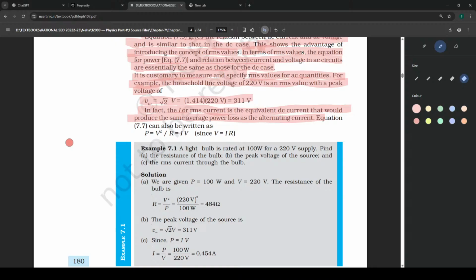The IRMS value will produce the same energy loss, as we know that energy loss depends on I square, and basically it means that it depends on current. So if we calculate the IRMS current value, it will give the same power loss in the DC case and the alternating case as well.